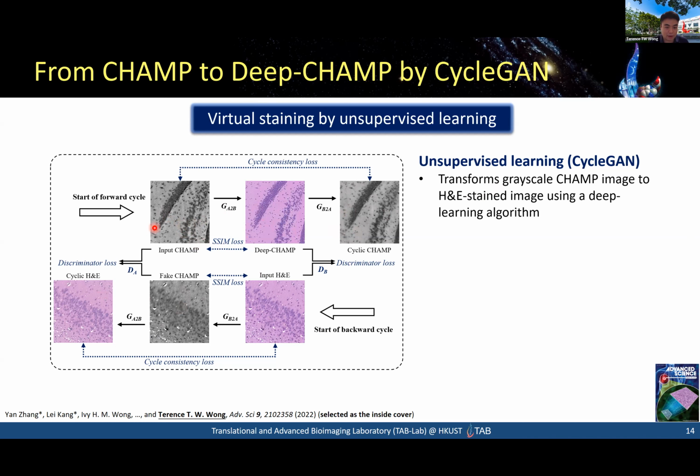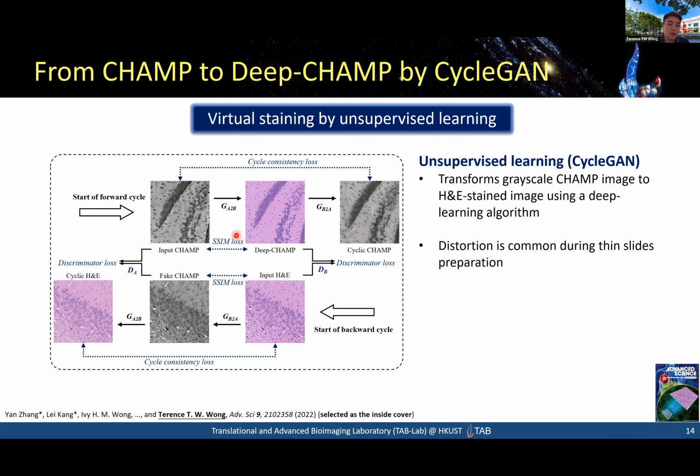So we can have a forward cycle and also a backward cycle. By optimizing all those loss functions, at the end we can have this transformation fairly stable and also mimicking the real H&E staining.